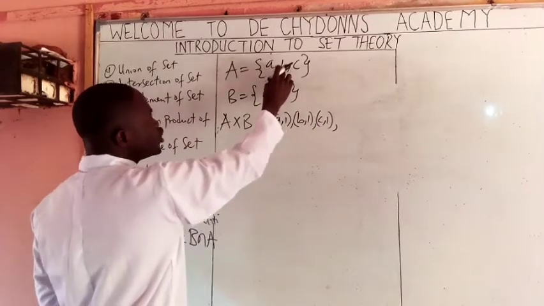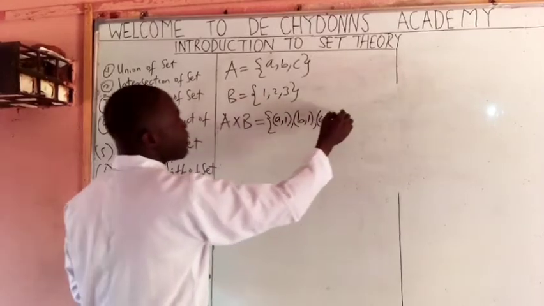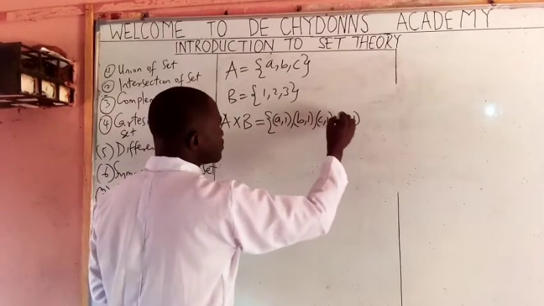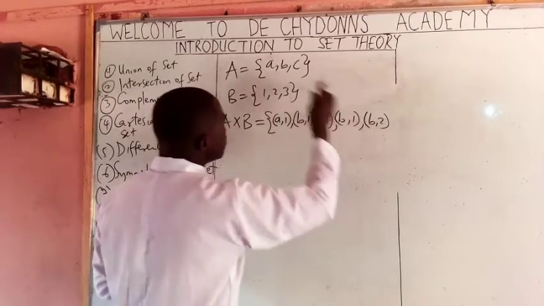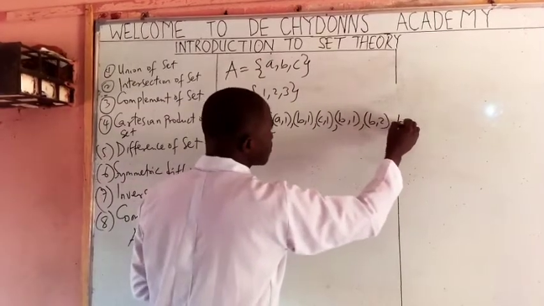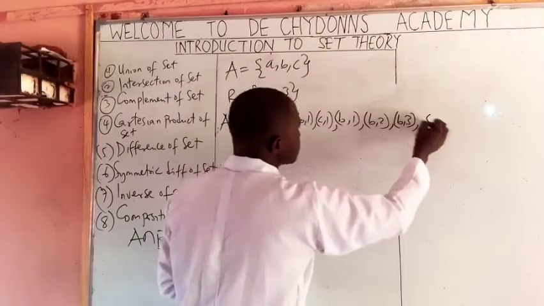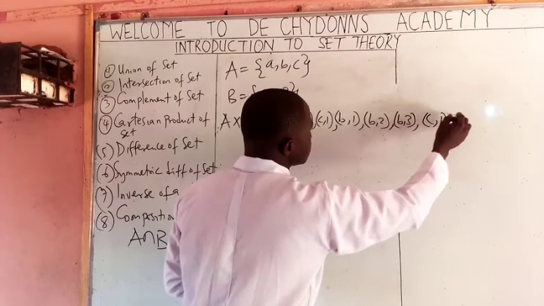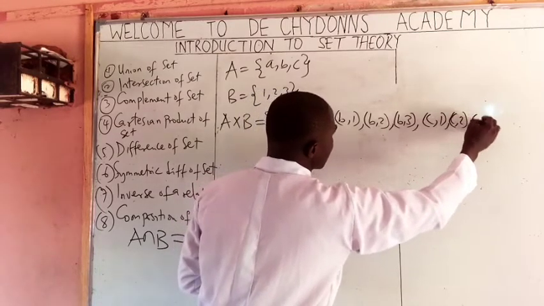Then use the second element of the second set: B, 1; B, 2; B, 3. Then use the third element: C, 1; C, 2; C, 3.